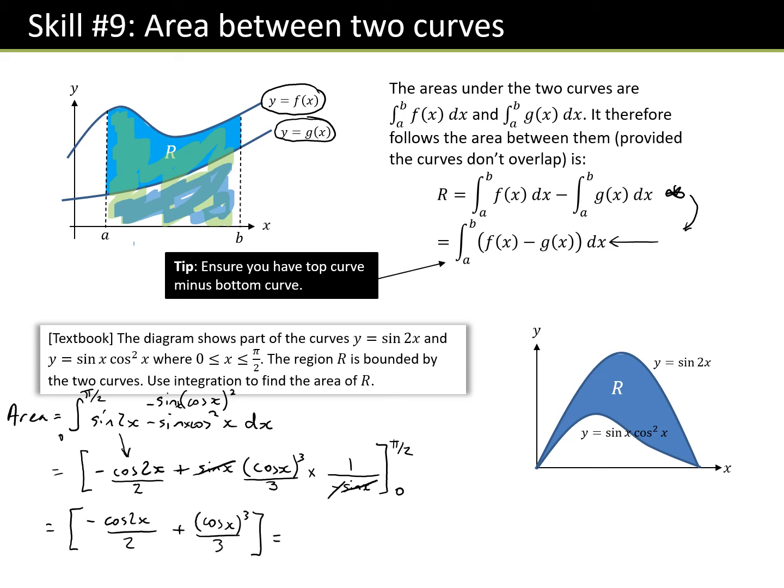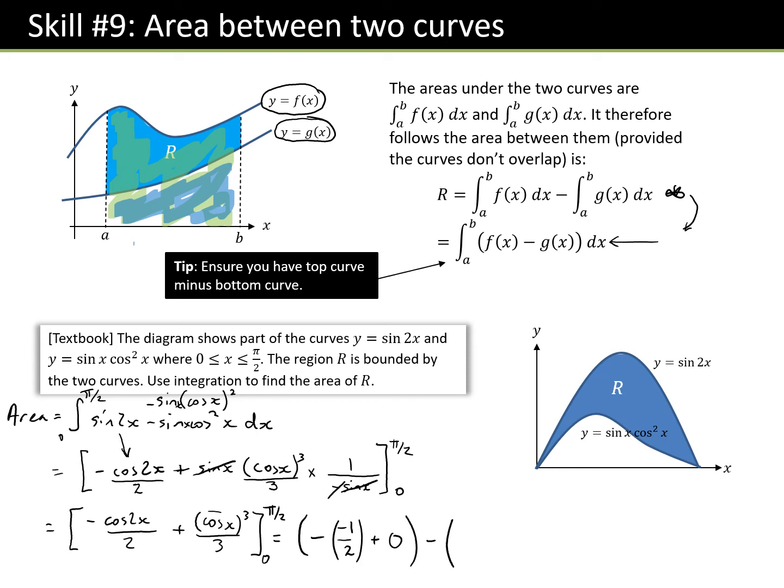Now subbing in our limits, subbing in pi over 2 first, so cos of pi over 2 times 2, so cos of pi is minus 1, that's over 2. Then this second one, so cos of pi over 2 is 0, isn't it? So all of this would just be 0.